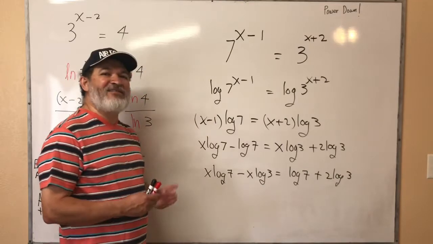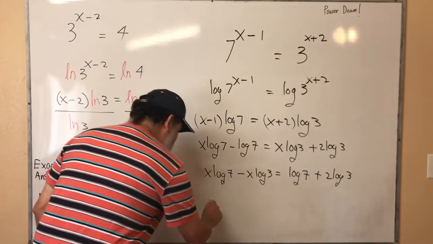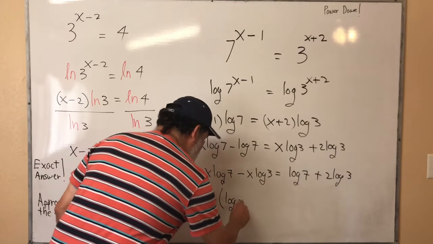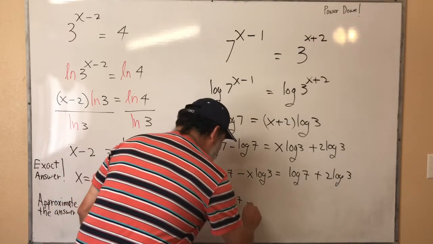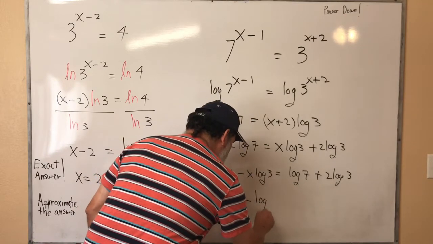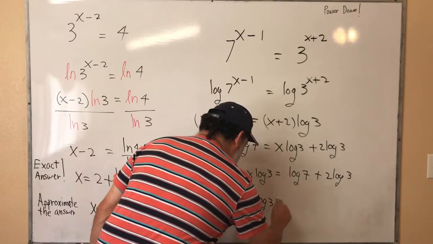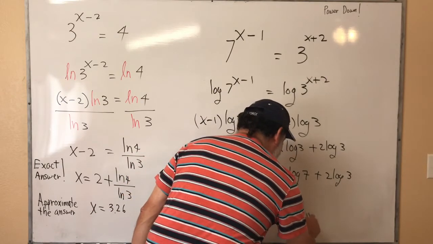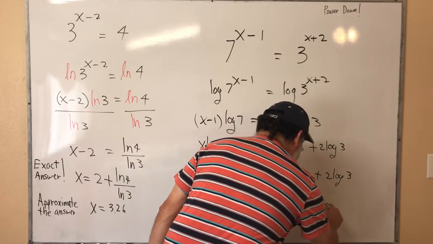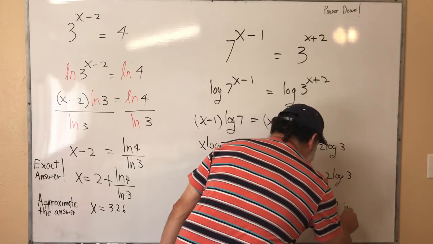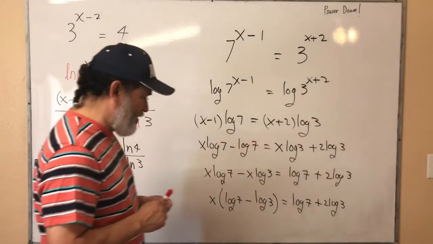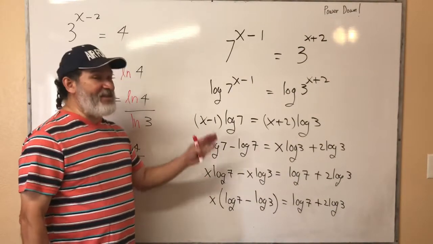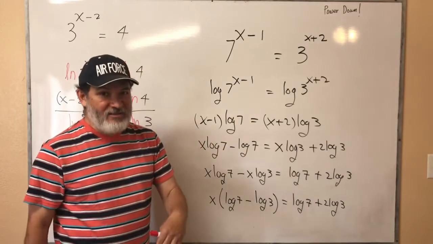So this is x times (log base 10 of 7 minus log base 10 of 3) equals log base 10 of 7 plus 2 log base 10 of 3. And now I have a single x. Now I can solve for x.